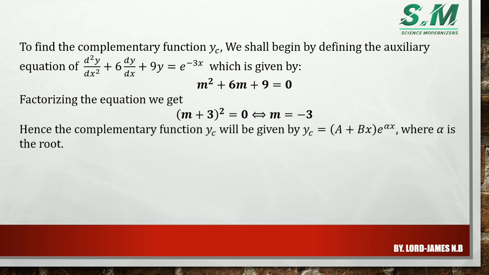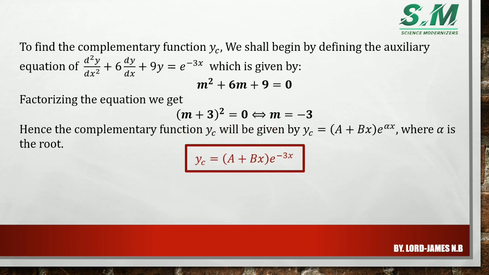So hence the complementary function yc will be given by yc equal to a plus bx, e raised to the alpha x, where alpha is the root, that is negative 3. So from there we can have yc to be a plus bx times e raised to the negative 3x. So that's the first part of the question.